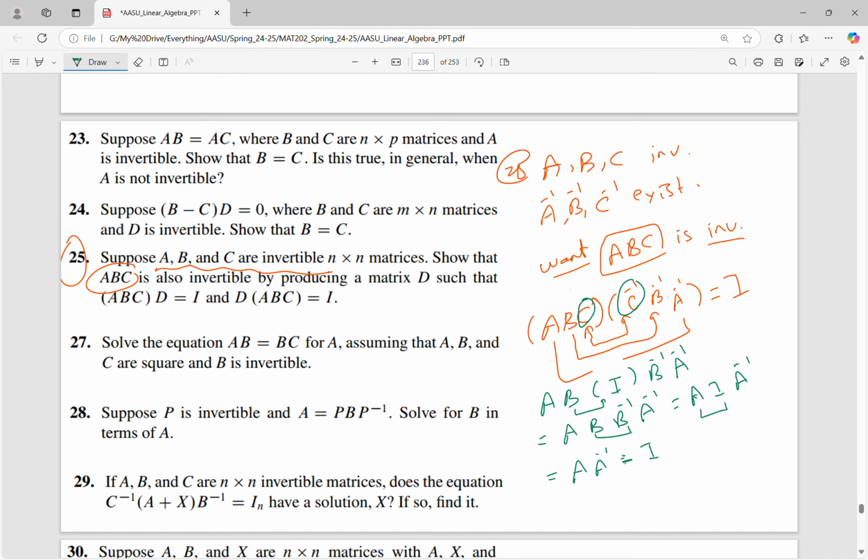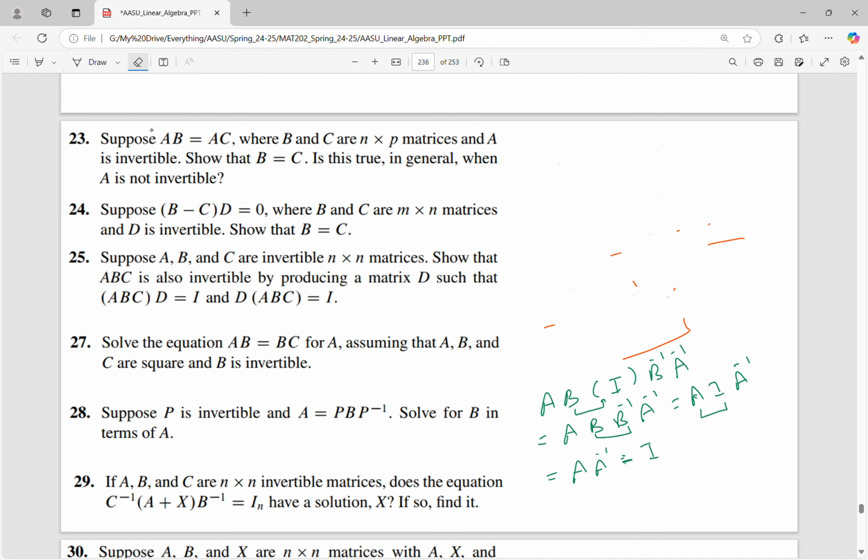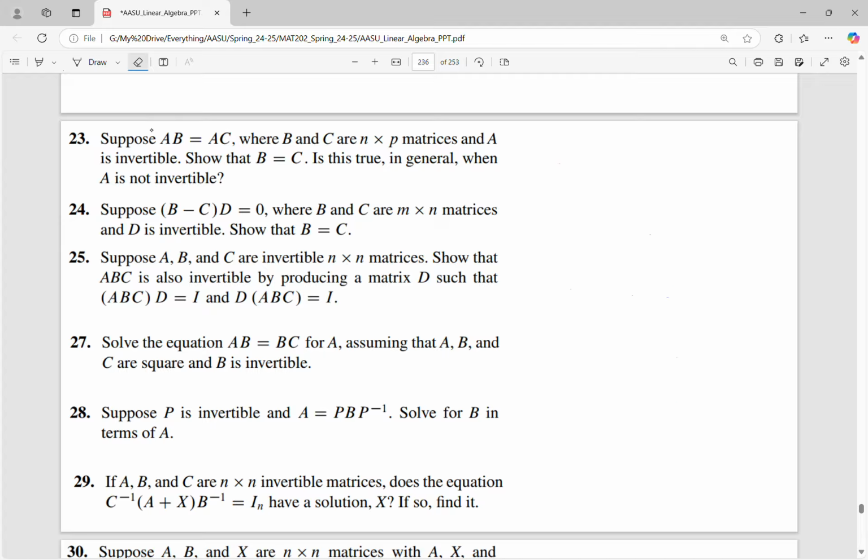Very simple ideas, but we need to understand the concept. So just remember this. All the time, if you want to show that something is the inverse of something else, so you have, let's say, a matrix A and another matrix B, and you want to explain why one is the inverse of the other, you multiply them.